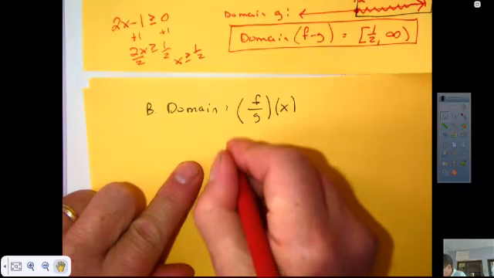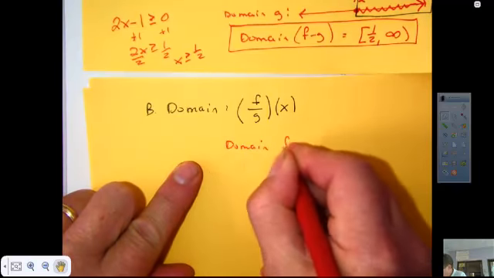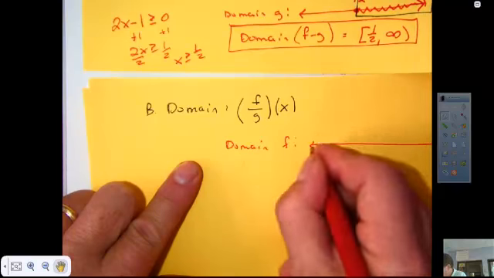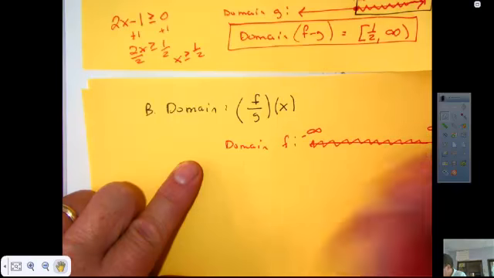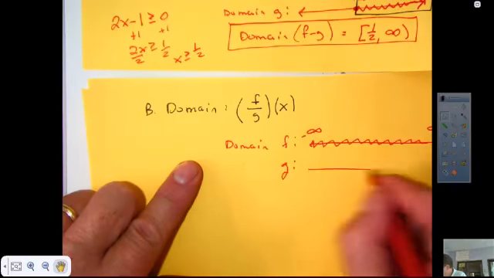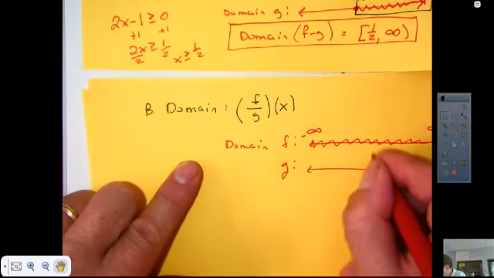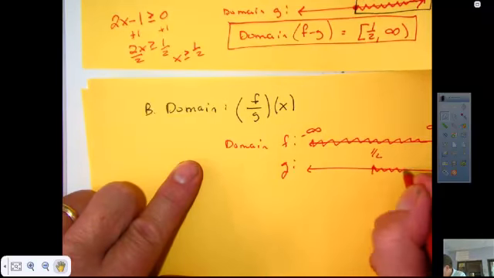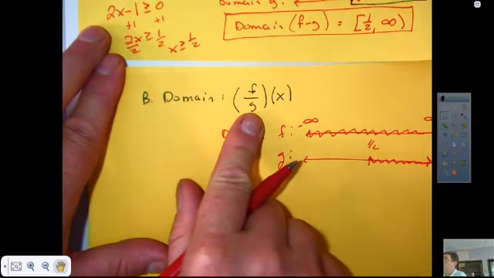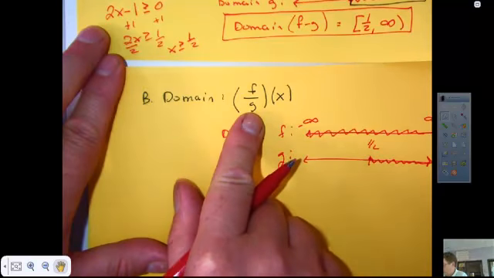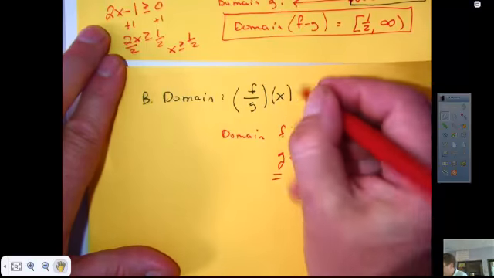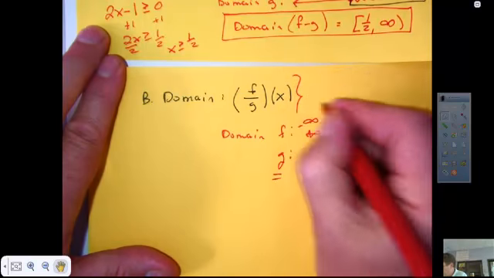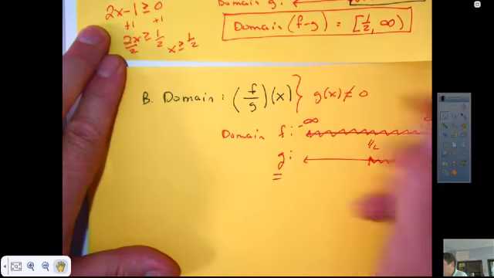The domain of f is still all real numbers, so f still goes from negative infinity to infinity. And g still goes from a half to infinity. G would have a closed dot. But there's one more stipulation on this. If I'm just looking at g, it would stay the same. But when I look at this division of functions, I know that g of x cannot equal 0.